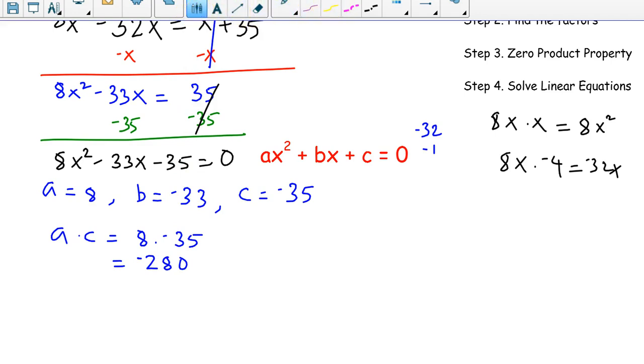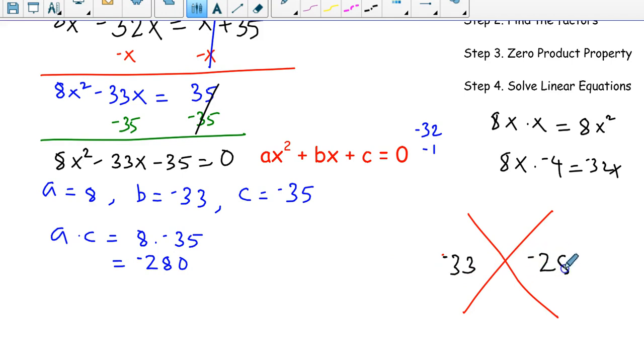I'm looking for two numbers, right, whose product is negative 280 and the sum is negative 33. So negative 33 goes here as the sum of the two numbers and the product negative 280.